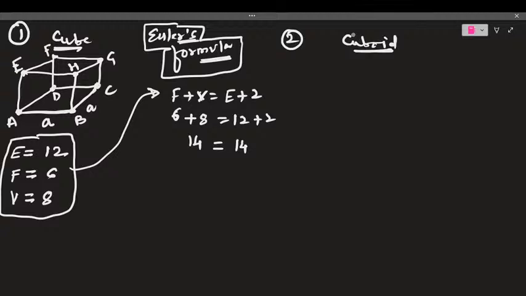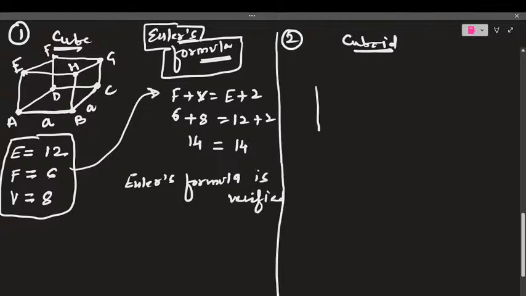The question arises, for which solids are we going to verify it? We are going to verify it for all convex solids. Even for a cuboid you can verify it, because a cuboid has rectangular surfaces and maybe some square surfaces.